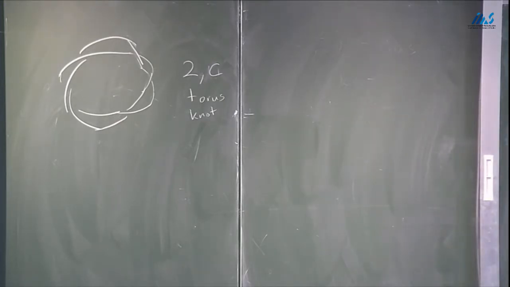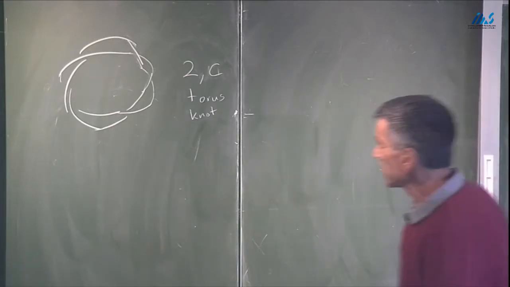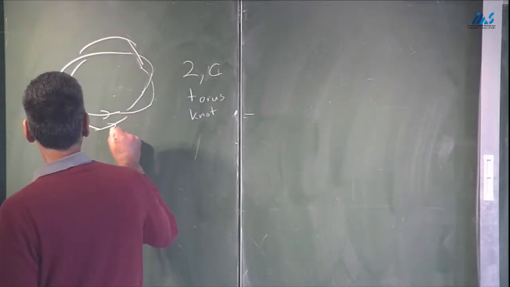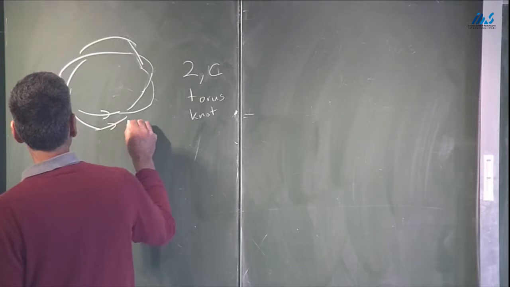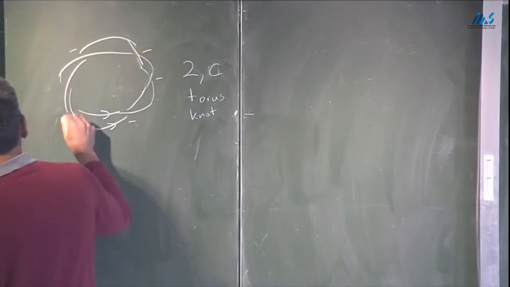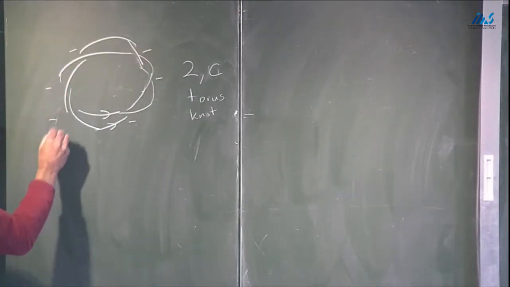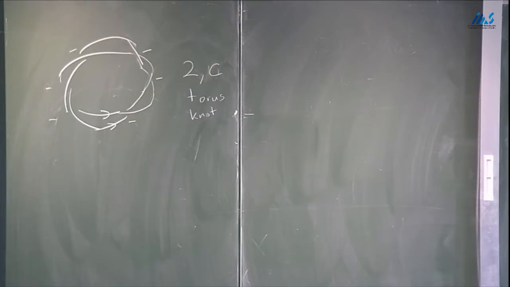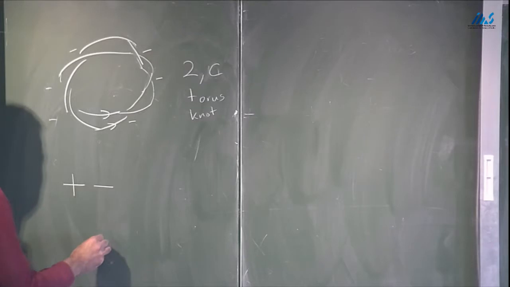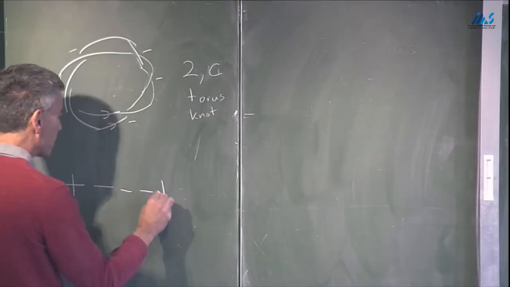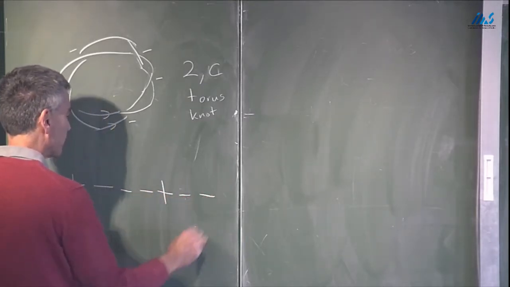So if we look at the 2 to the c different choices of changing these crossings, how many of them are unknotted? In this case, these are all negative signs, the way I've drawn it here. So in general, if you change a crossing, you'll change its sign from plus to minus. So each one of these corresponds to some sequence of pluses and minuses.